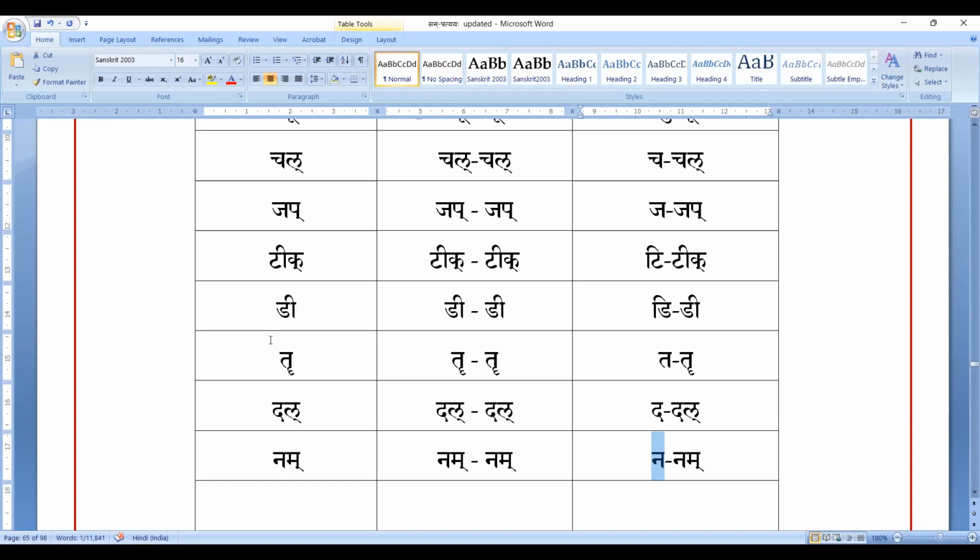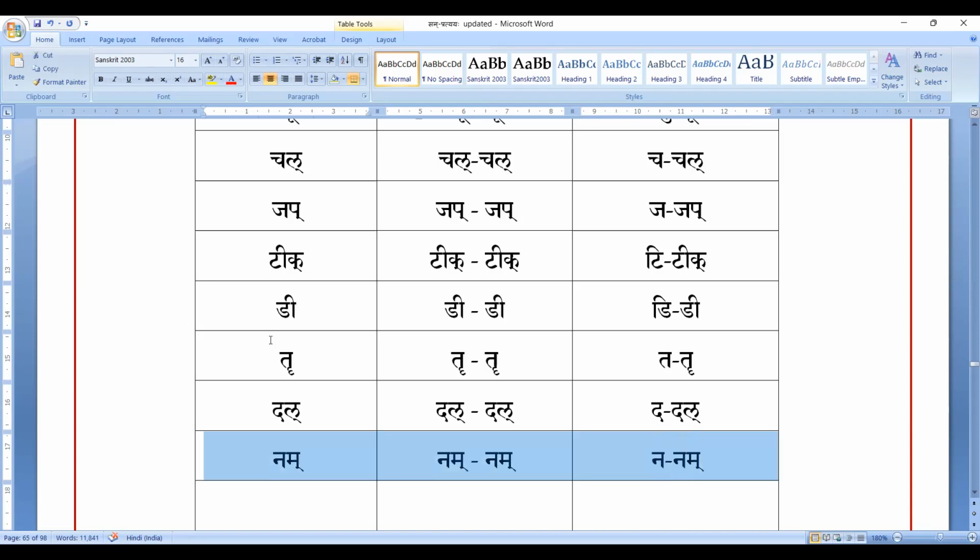What will happen to na? Abhyase charcha. So the adesha is, if it is the third letter or fourth letter, the third letter will come. If it is the second letter or first letter, the first letter will come. Right? If any other letter is there, then nothing will happen, it will remain as it is. So na will remain as it is. Abhyase charcha you cannot apply. Nanam only it is. Okay, this example you can note.